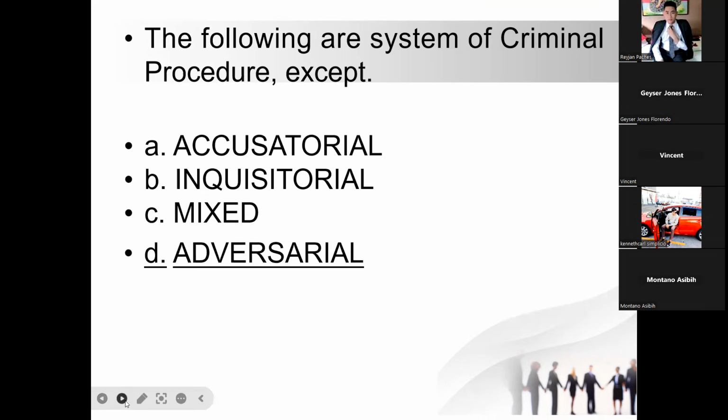Ang sagot natin dyan is letter D. Very good, ha? Gumagaling na talaga kayo, class. Na-adapt niyo na yung ating technique. So again, the following are system of criminal procedure except adversarial.